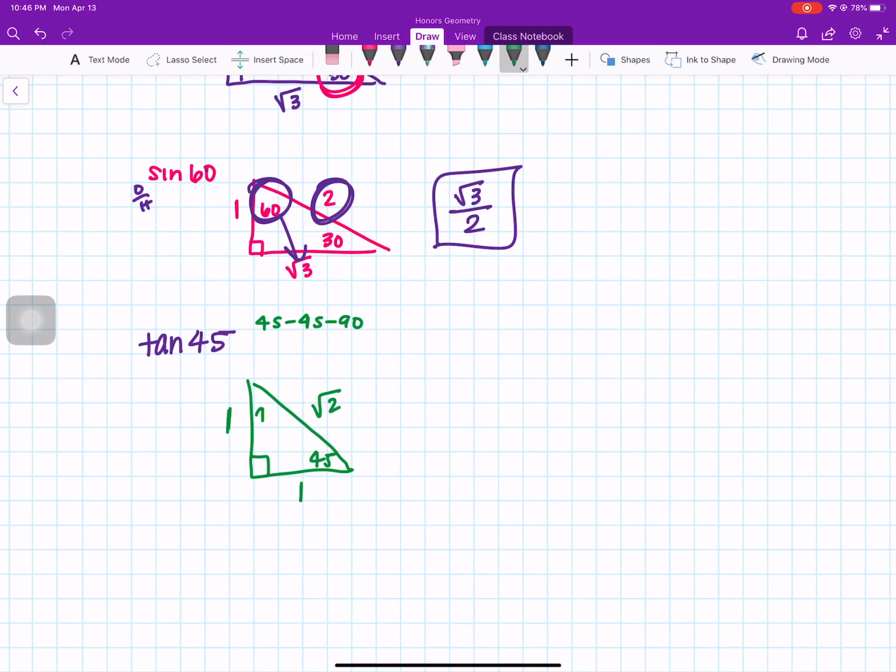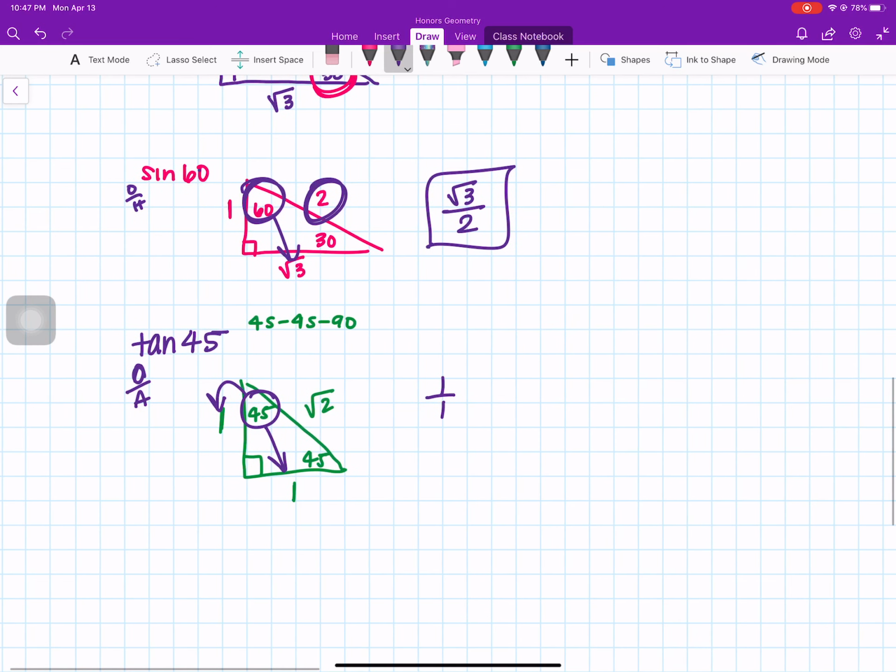In a 45, 45, 90, it really doesn't matter what side you look at. Okay? The tangent of 45 is the opposite over the adjacent, which would be 1 over 1, and 1 over 1 is just 1.